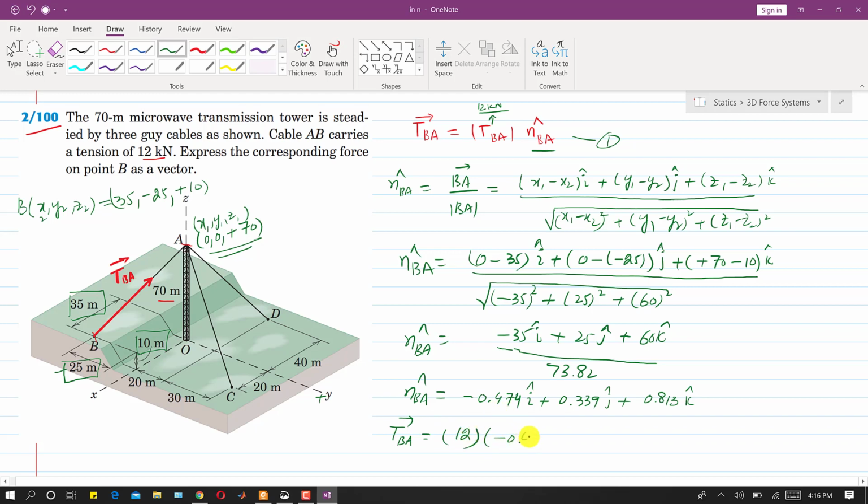So it will be minus 0.474i plus 0.339j plus 0.813k, right? So when we multiply this unit vector by the magnitude, we get that TBA vector, and this is that vector in terms of i, j and k. This is the solution of this problem.